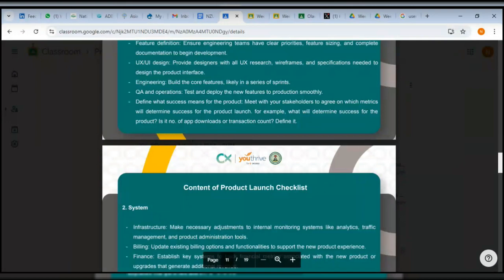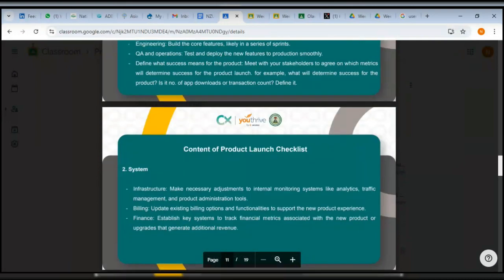Define it. Sometimes you might need even the data team to have this conversation and figure out what best suits, because for each product there are always a lot of metrics that you could use as a yardstick to determine if your launch is successful, or if you've completed your task for the product, right?